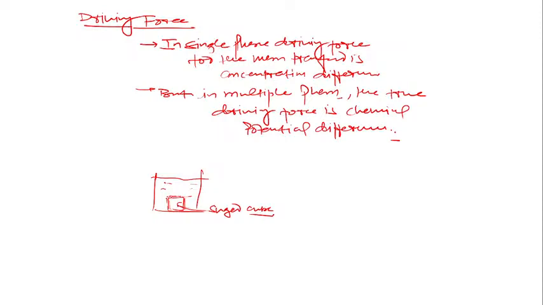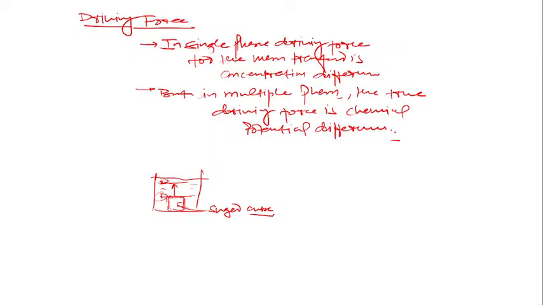It means the concentration of sugar molecules in the water near the sugar cube is more compared to the concentration of sugar molecules in the water far from the surface. Let's say this is one location and this is a second location. In these two locations, the concentration of sugar molecules is different.